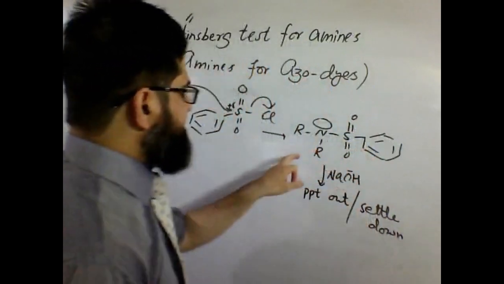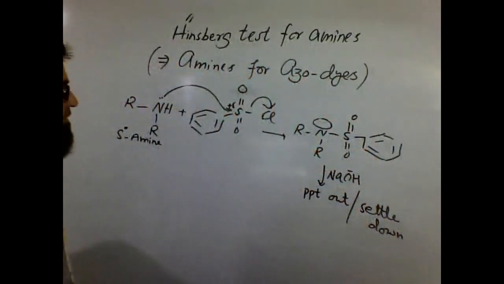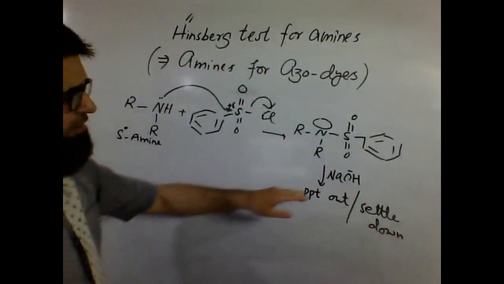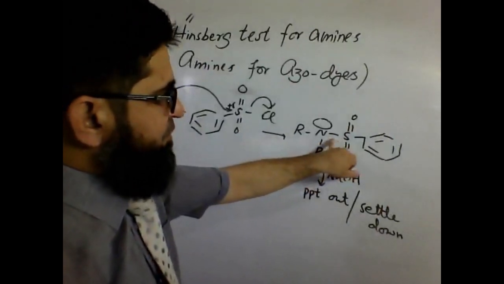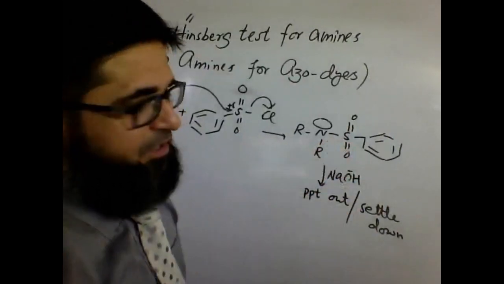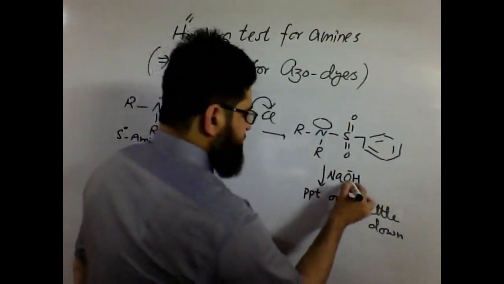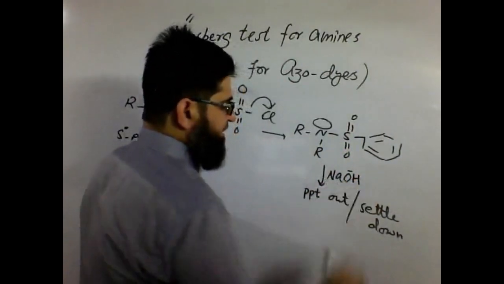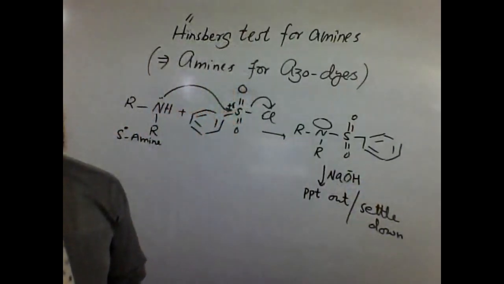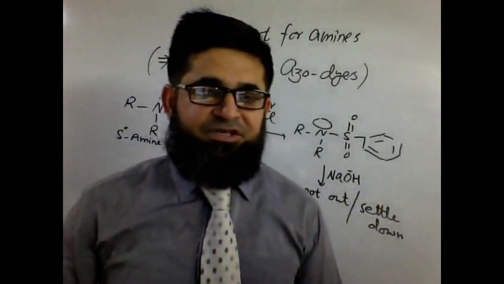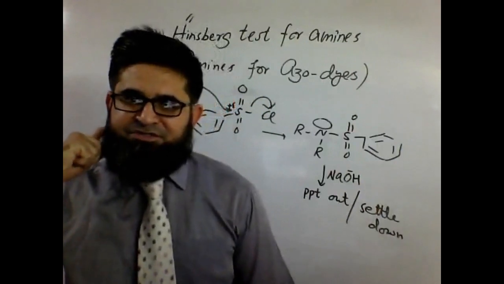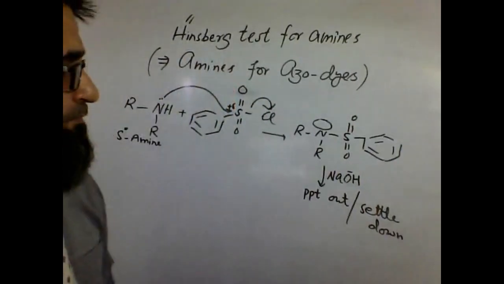In the second case, the extra proton is not available here, and it cannot be abstracted by the hydroxyl group. So it won't show any solubility and will settle down as a precipitate, representing that the given compound is a sort of secondary amine.